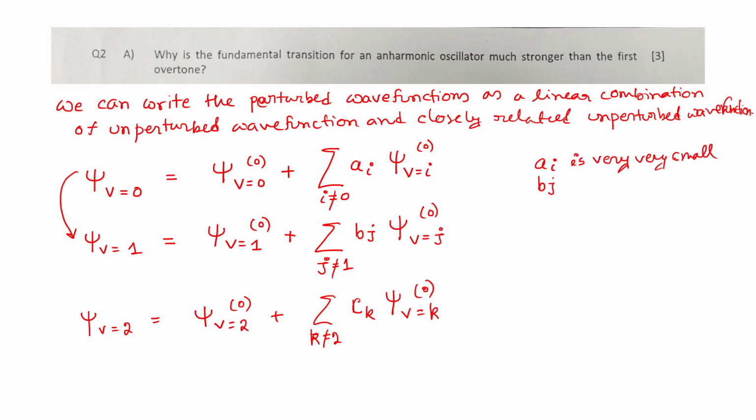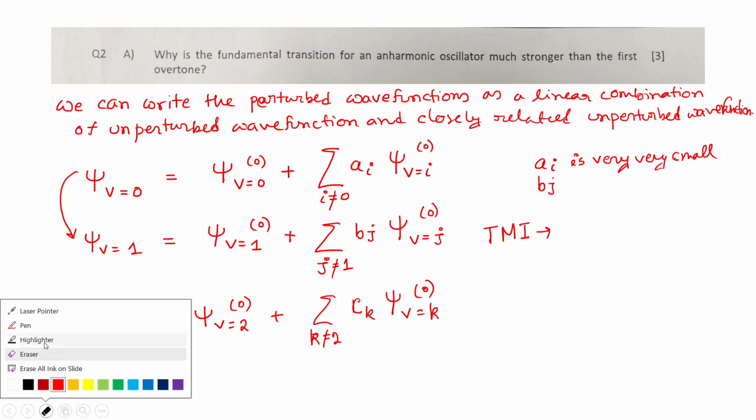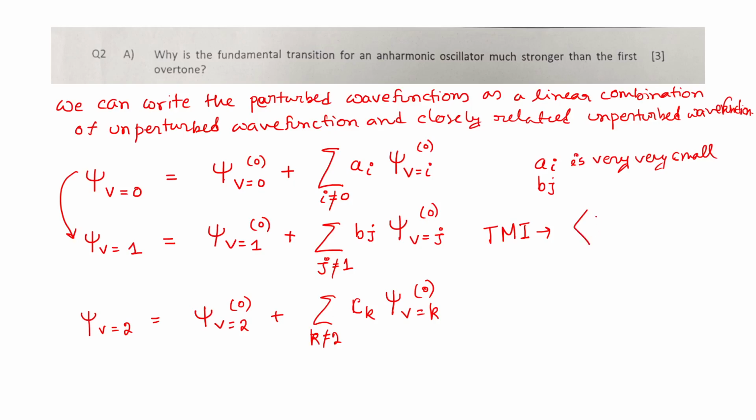Now, how does the transition moment integral, TMI, work? Maybe I can write it on the next page. First of all, the transition moment integral, let me write. It would be psi final, your dipole moment operator, psi initial, which in this case is obviously v equals 0 in all cases, mod square of this.